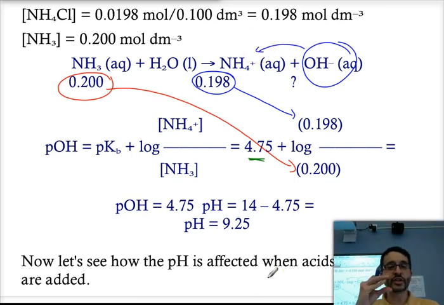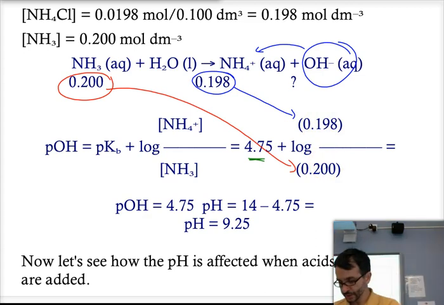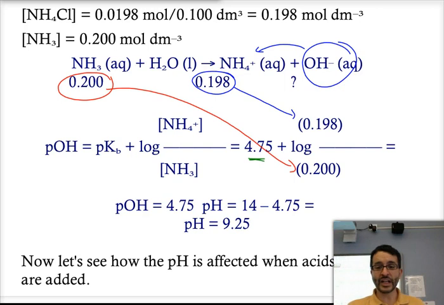So it's going to decrease the concentration of the conjugate acid and increase the concentration of the base, and those are the values you're going to put in there one more time. So let's look at an example of that. How would that happen?